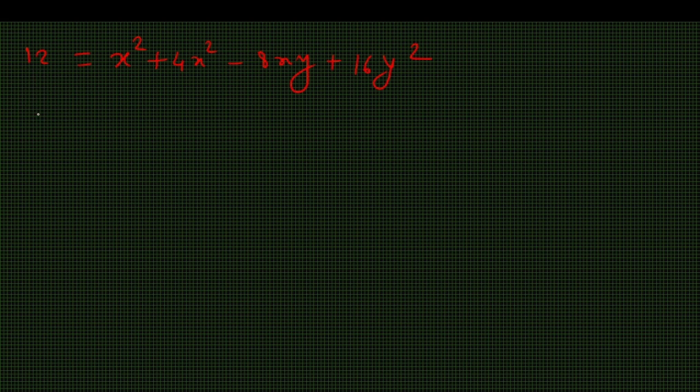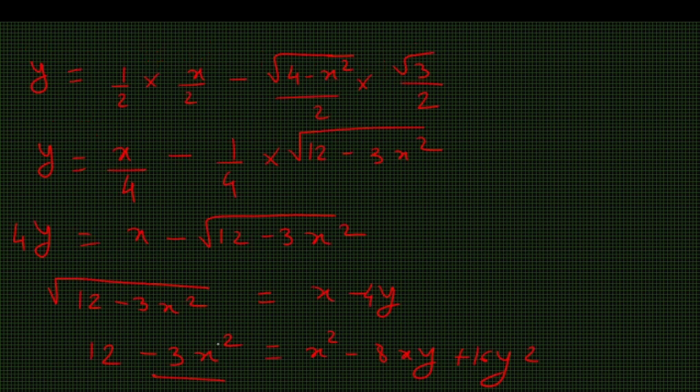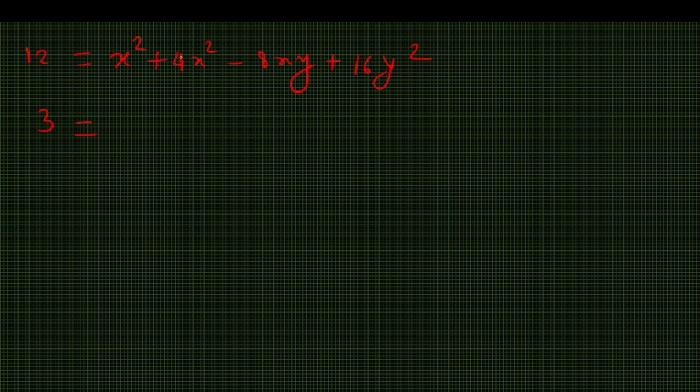Dividing both sides by 4, we will get 3 is equals to x square minus 2xy plus y square plus 3y square.